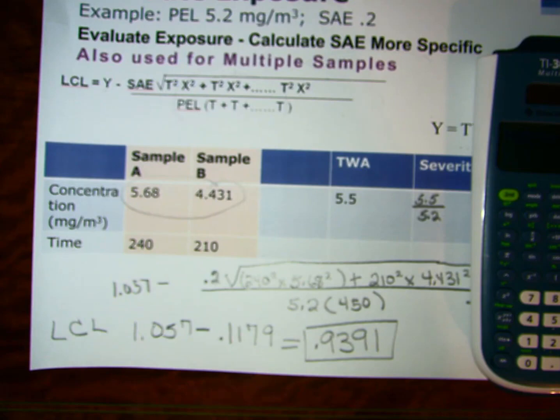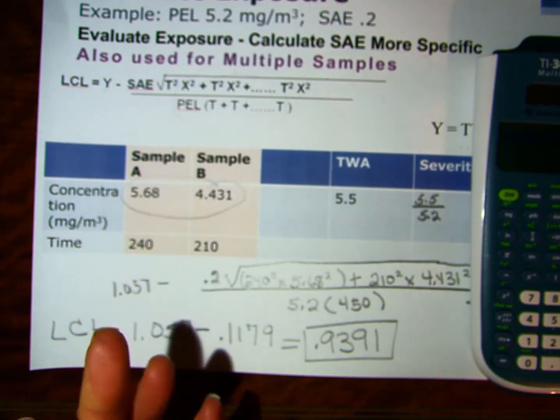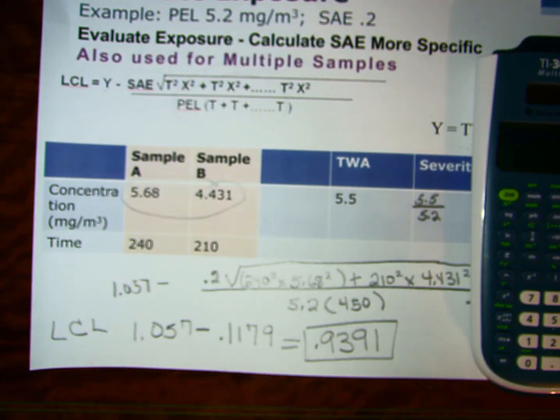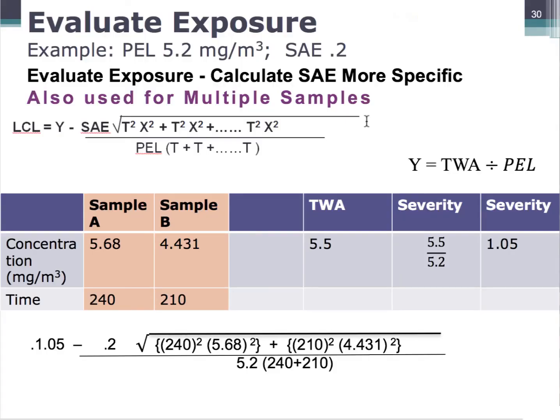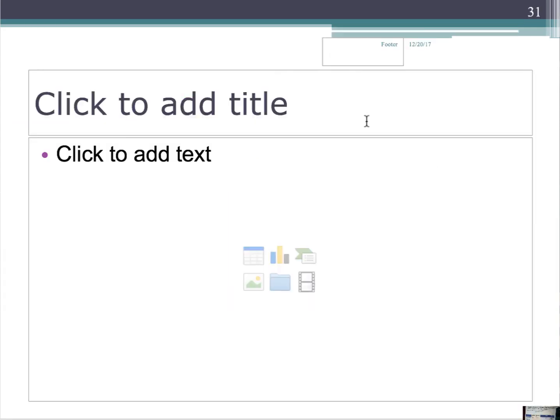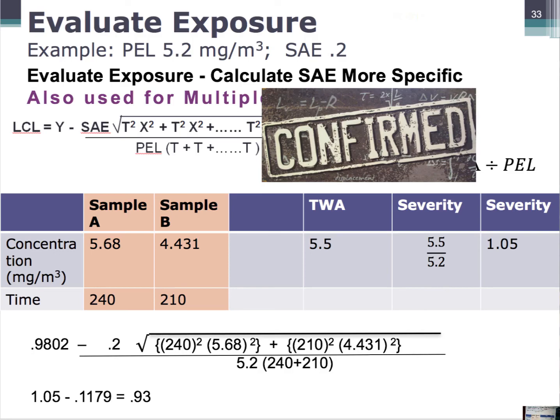So truly what you're doing is weighting each part of this sample as a ratio against your permissible exposure limit. There's your setup in our evaluation.